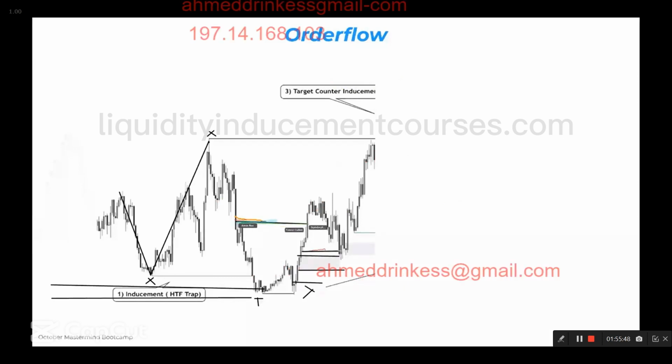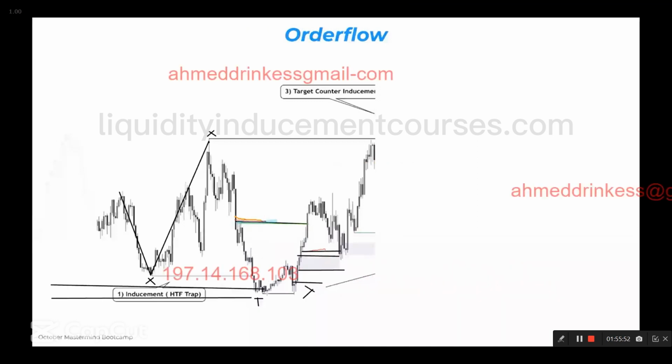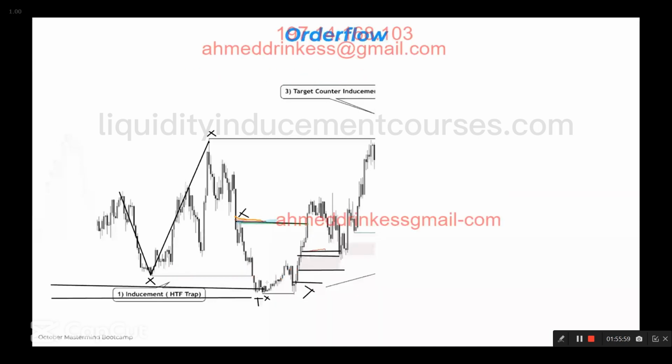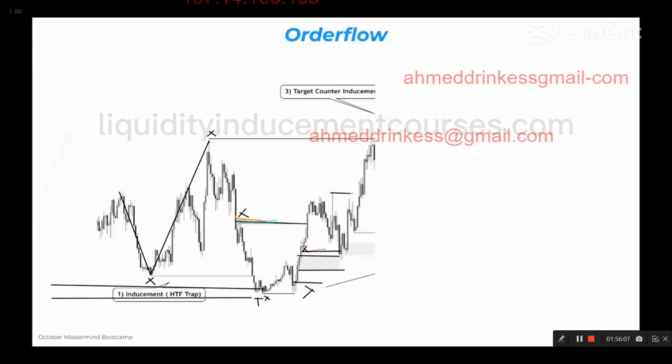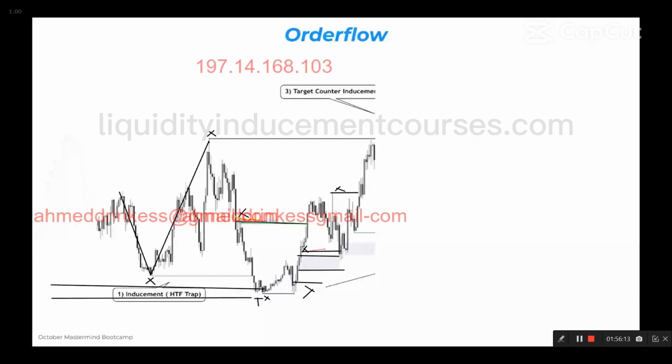You have to take out sell, take out buy, take out sell, take out buy, order block. After you take out a buy, what do you need to do? Take out a sell. After you take out a sell, what do we need to do?